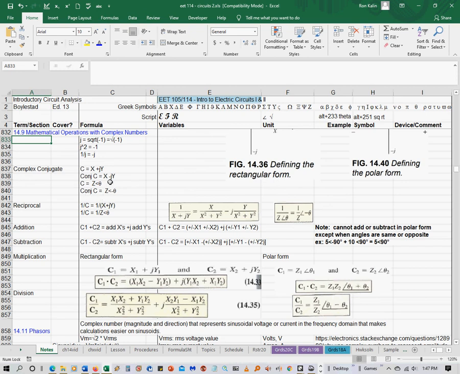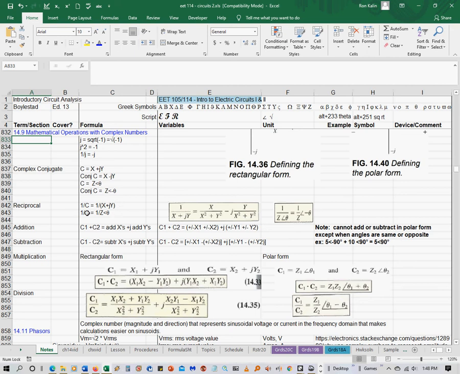In polar form, C equals Z angle of theta, and the conjugate of C equals Z angle of negative theta. So you just change the sign of your angle, whatever number that ends up being.